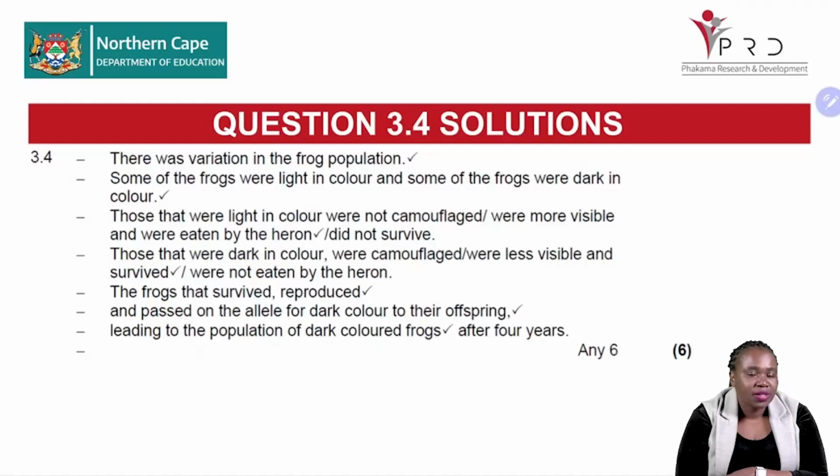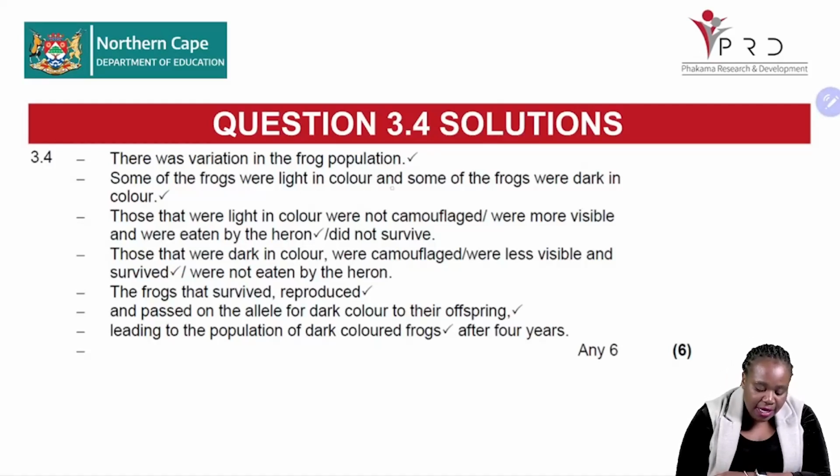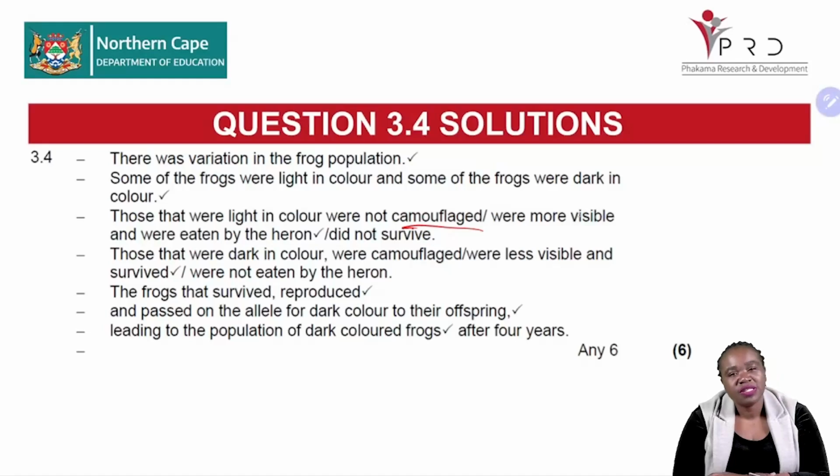The environment favors it by allowing it to camouflage in the dark water, making it difficult for the birds to see these frogs. So some of the frogs were light in color and some were dark. Those that were light were not camouflaged, whereas those that were dark were camouflaged and less visible to the predators, which means they survived.